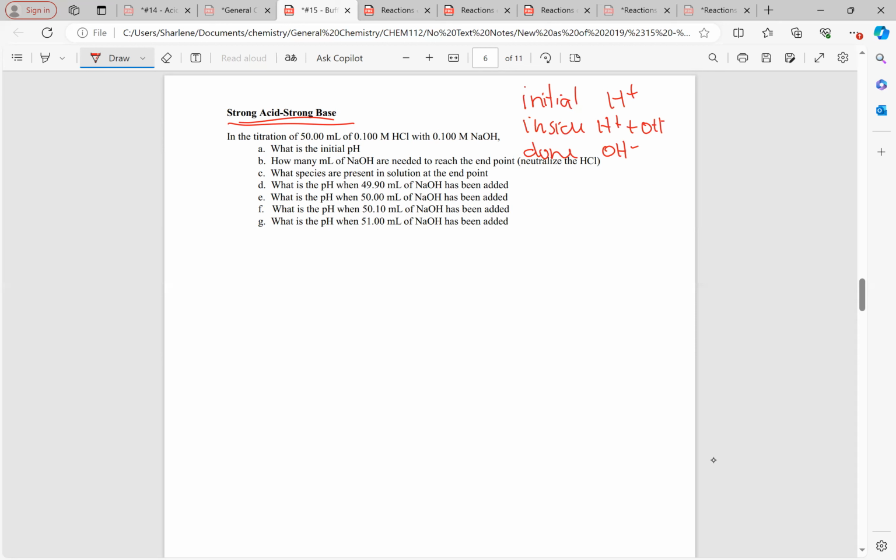Okay? All right. So what is the initial pH? Well, the initial pH is just the negative log of the concentration because this is a strong acid. So it's just a nice pH of 1.